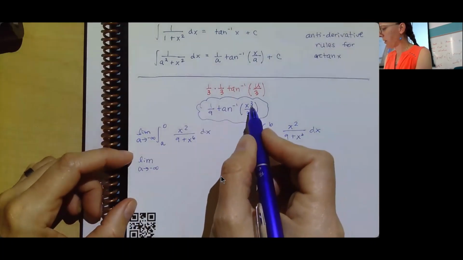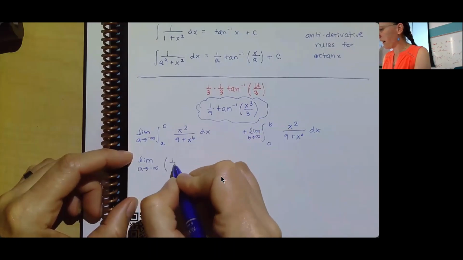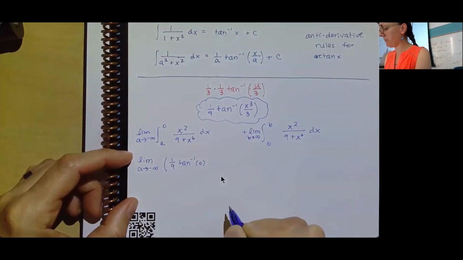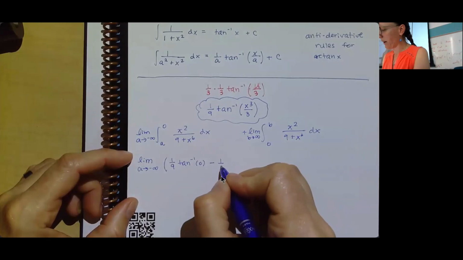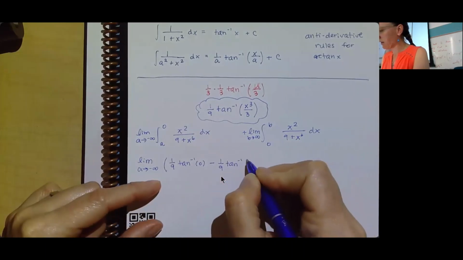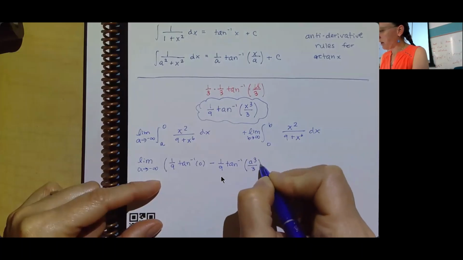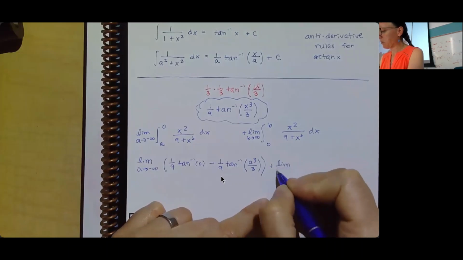When I plug in 0, I'll have 1/9 tan inverse of 0 minus 1/9 tan inverse of a cubed over 3, plus the limit as b approaches infinity.